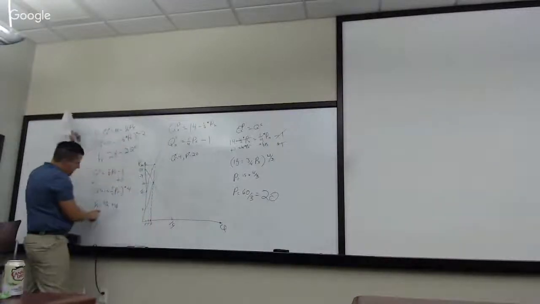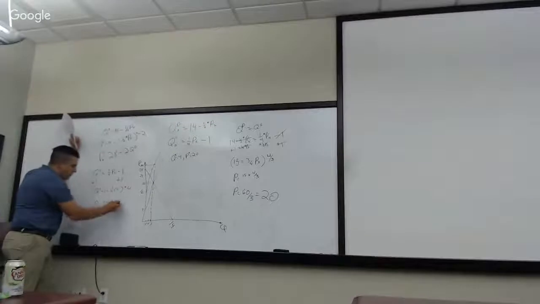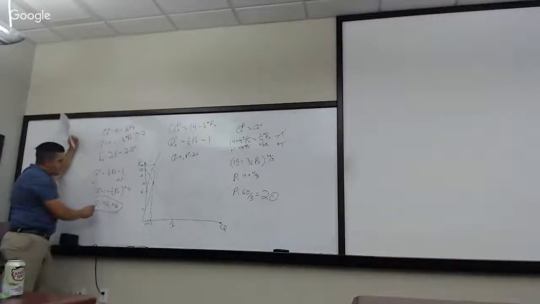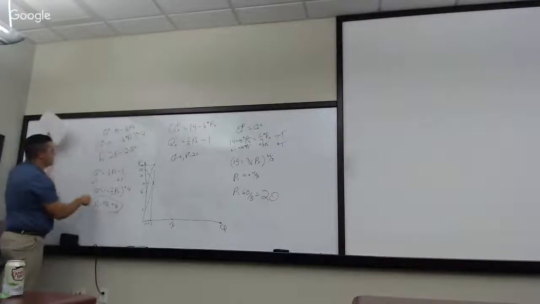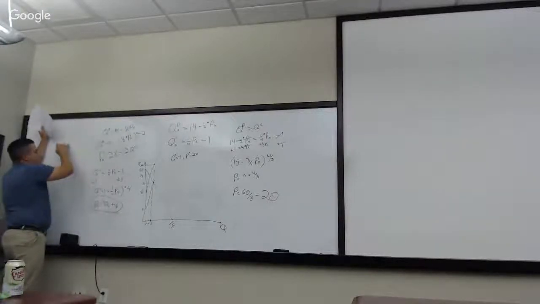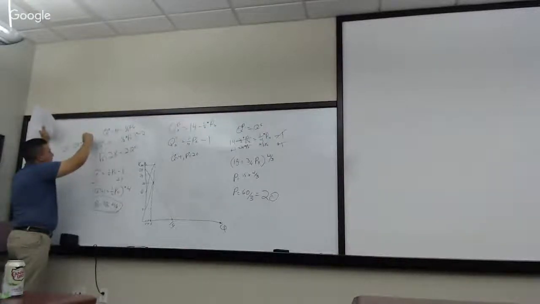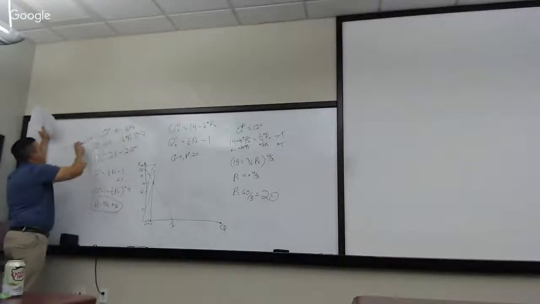Can we look like this? So now, if this is our new quantity supplied equation, we can set this equal to our quantity demanded equation to figure out what our quantity is going to be. So 28 minus 2q is equal to 4q plus 16. 6q is equal to 12.